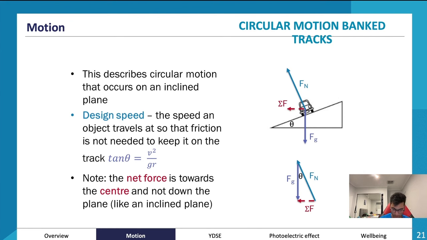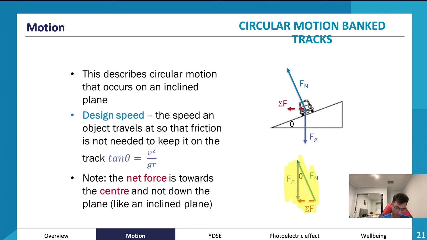Cool. Banked angle: essentially you're just using your trig to find out what the different forces are going to be. The best way to do this is to draw one of these diagrams. As long as you get the information, you can plug it in, use your trig, and calculate whatever needs to be calculated.